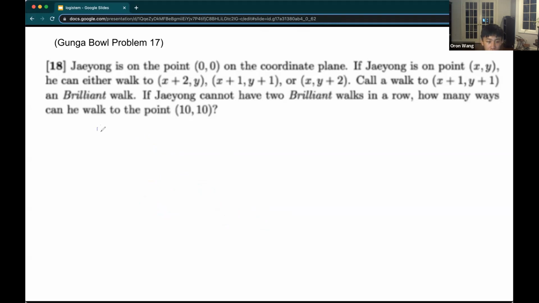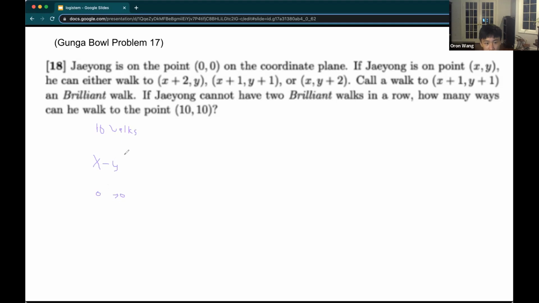So we have 10 walks. Now we look at x minus y, how this changes. Initially, it starts at 0 and ends at 0. The first walk and the third walk both change this.